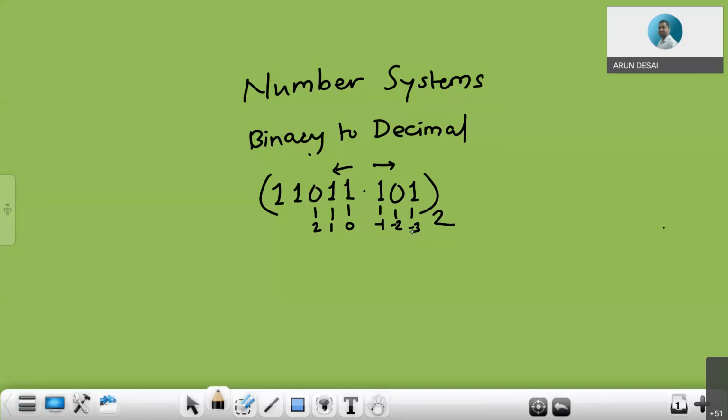Tell me the answer. Siddhi, you have given the answer 27.625.